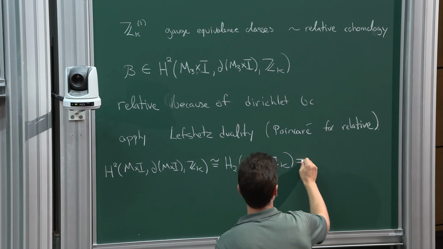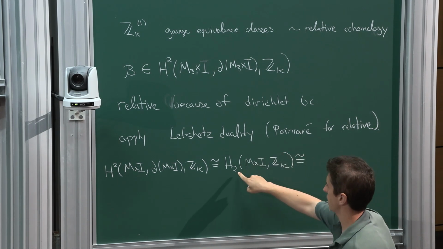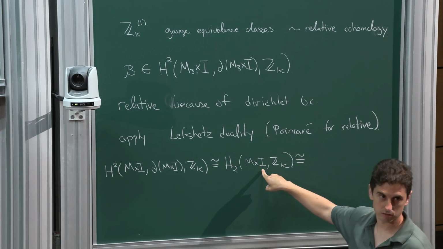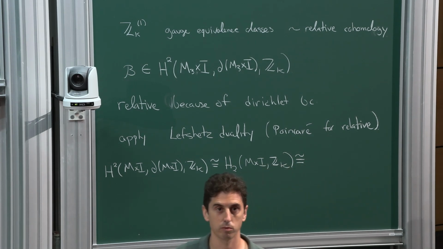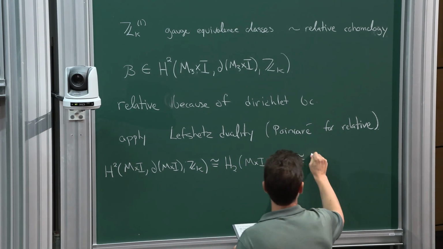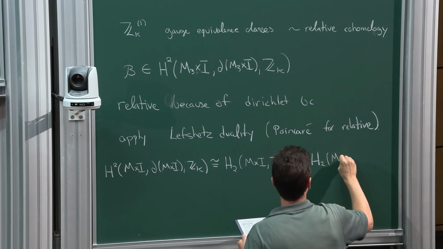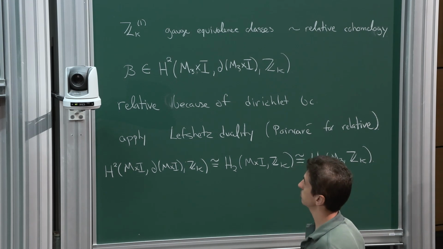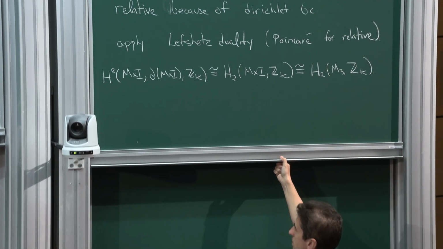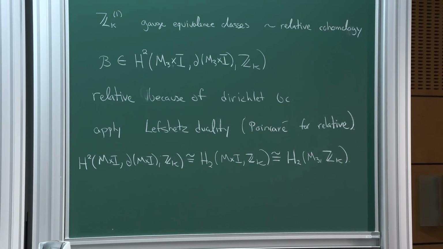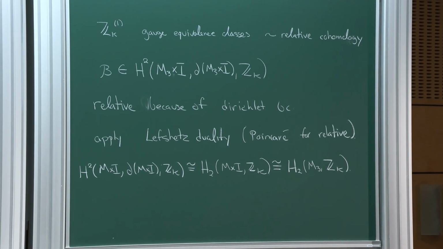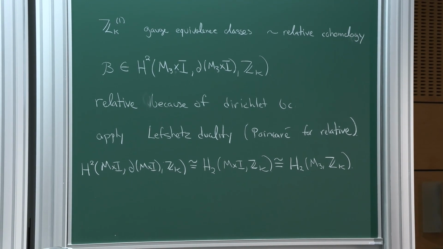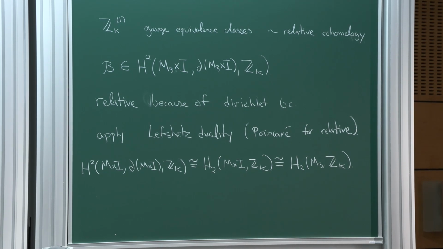And then there's an easier step, which is that now, since I'm in regular homology, I can just shrink this interval. There aren't any interesting 2-cycles coming from that interval. So this is just H2 of M3 with coefficients in Z_K. This is not very surprising. You could have guessed this. What is it telling you? This non-trivial gauge field, how can it be characterized?